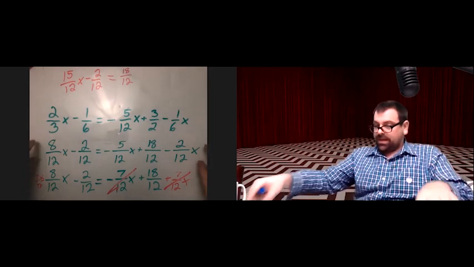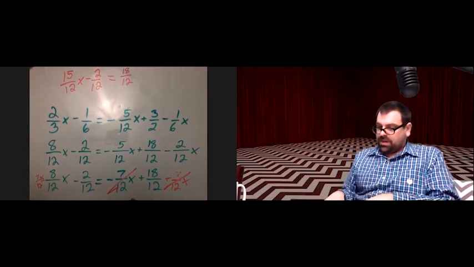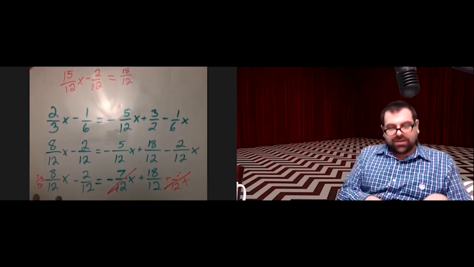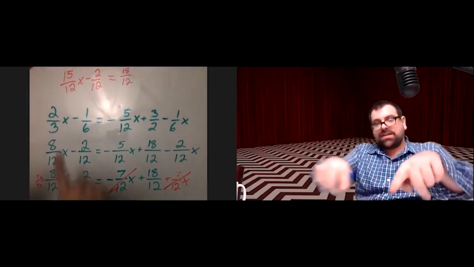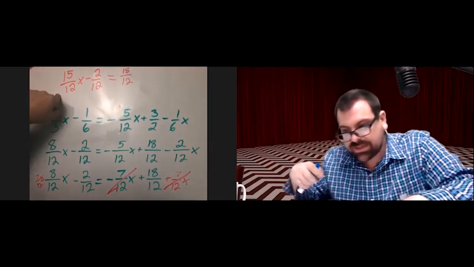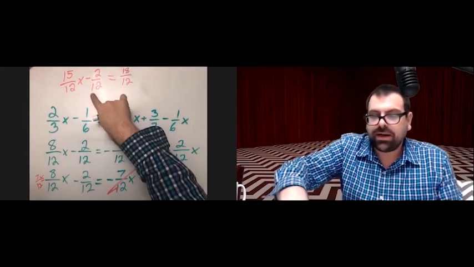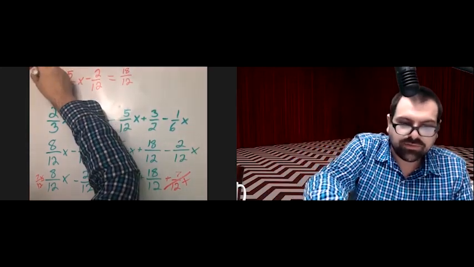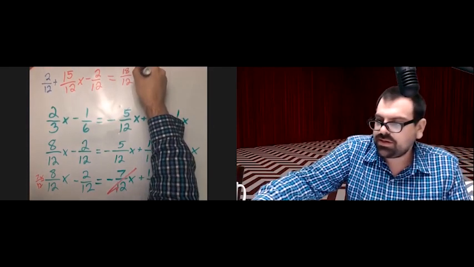So again, I combined like terms, and then I added 7/12 X to both sides to get rid of it here. When I added the 7/12 X to the 8/12 X, I got 15/12 X. Now I want to get rid of minus 2/12. I'm going to add 2/12 to both sides.